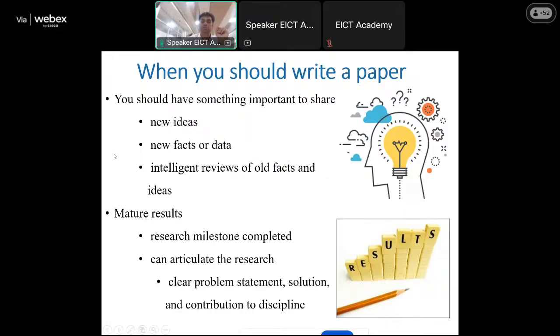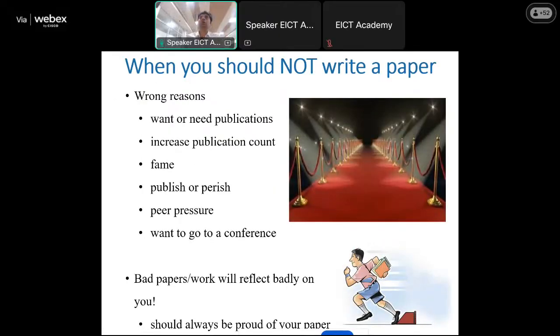Okay, when should you not write a paper? This is very important. You should understand the wrong reasons. In the previous slide we observed a good reason to write an article. Now, what are the not good or wrong reasons? First is wanting or needing a publication.